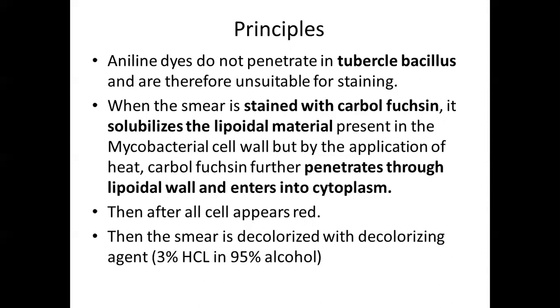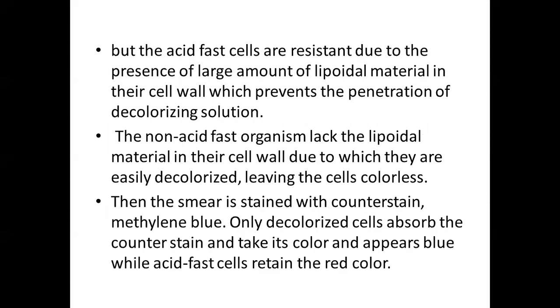Then the smear is decolorized with a decolorizing agent, but they never take the color of the decolorizing agent because this is not heated once again. The acid fast cells are resistant due to the presence of a large amount of lipoidal material in their cell wall, which prevents the penetration of the decolorizing solution. The non-acid fast organisms lack the lipoidal material in their cell wall, so they are easily decolorized, leaving the cells colorless.